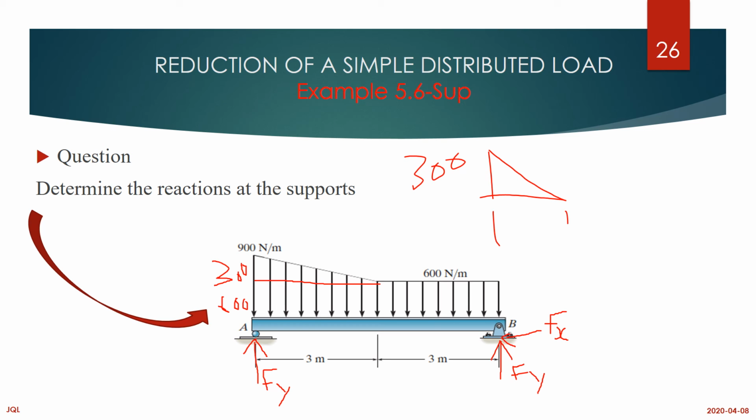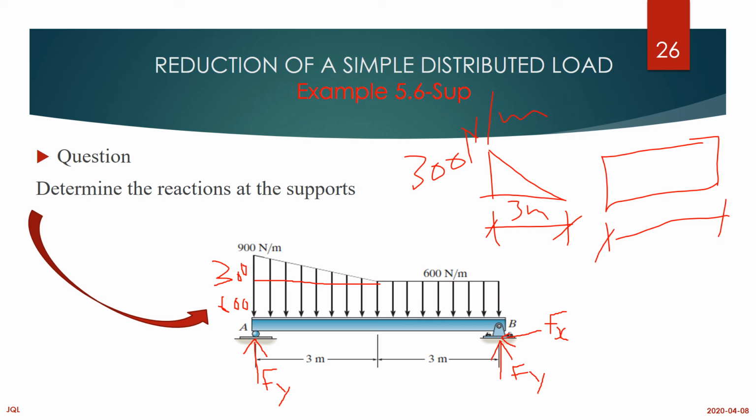And that of course will be 3 meters. That of course is in Newton per meter. And you have another rectangle which is 3, and that is 600 Newton per meter.